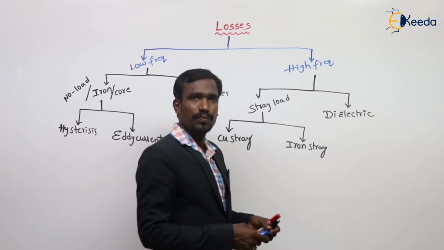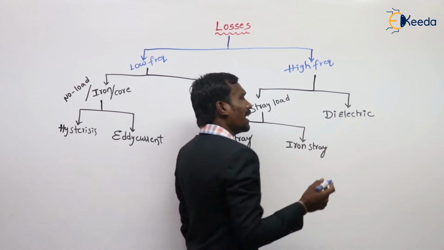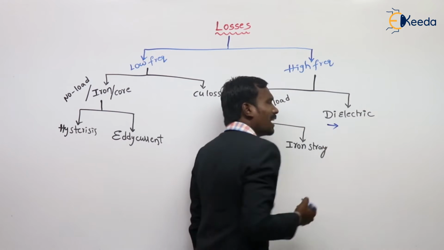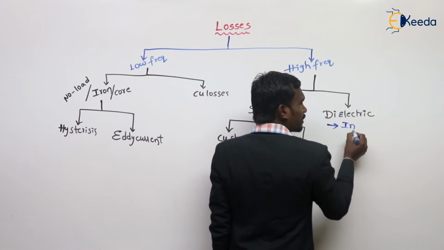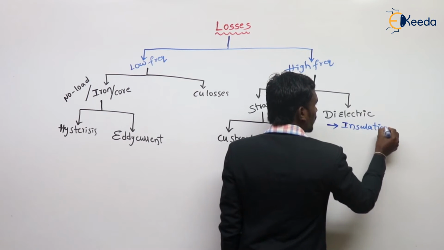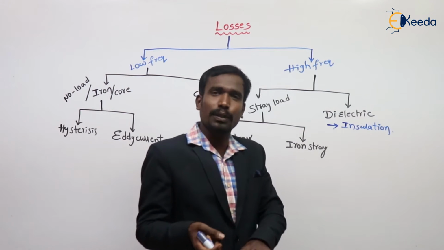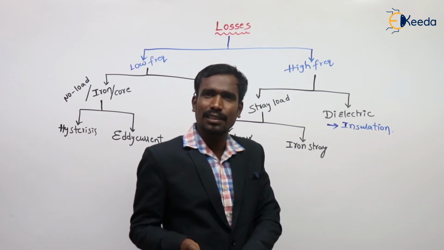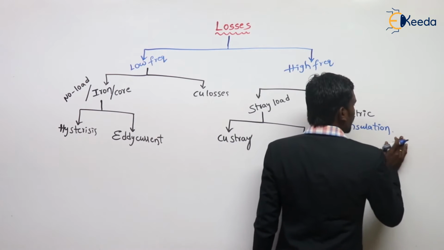First see this. Generally, dielectric losses take place in the dielectric media, nothing but insulation: insulation between windings, insulation between laminating plates, etc. At those places, some losses will take place.